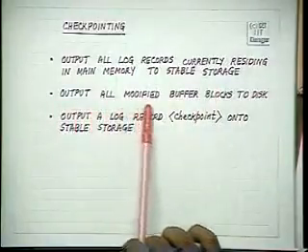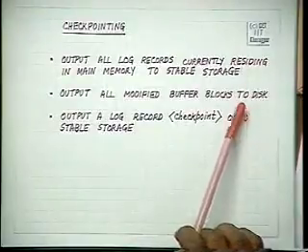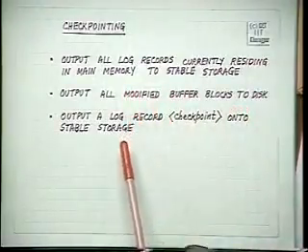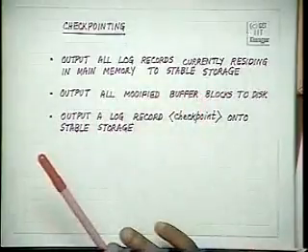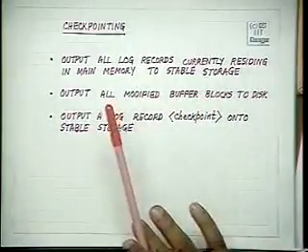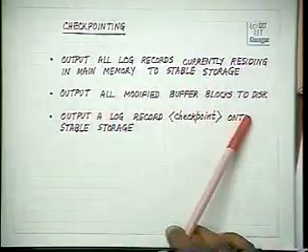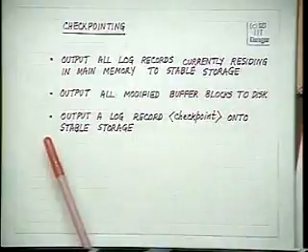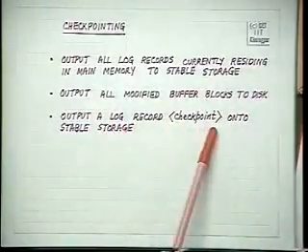Then all the modified buffer blocks, those modified in the database buffer, will be moved on to disk. So all the update operations are completed. Then you will write down a log record called checkpoint onto stable storage.